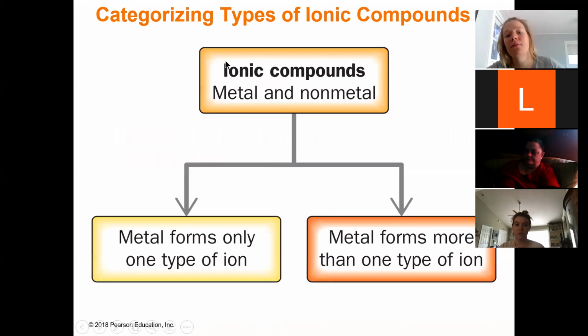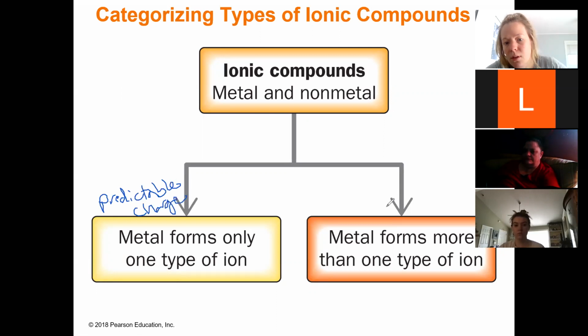So if you've determined it is ionic, then you have to decide, is it a metal that forms only one type of ion, or is it a metal that forms multiple types of ions? That means, is it one of the metals in the main groups with a predictable charge, or is it one of the transition metals with an unpredictable charge? So let's just put predictable charge and then unpredictable.